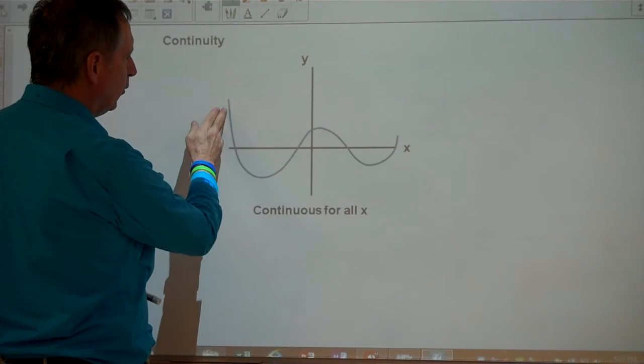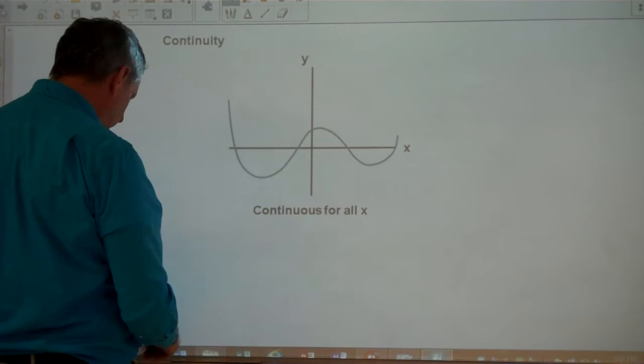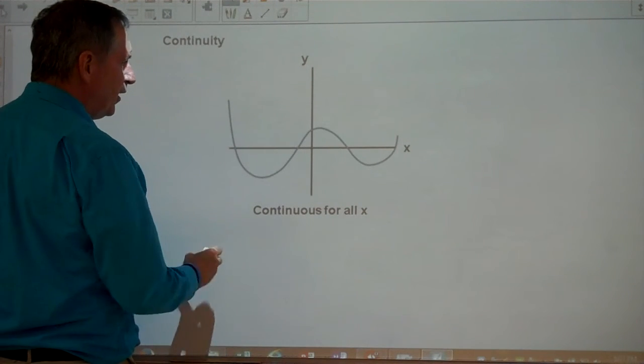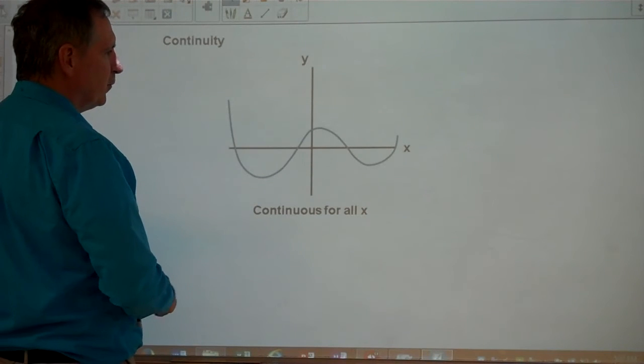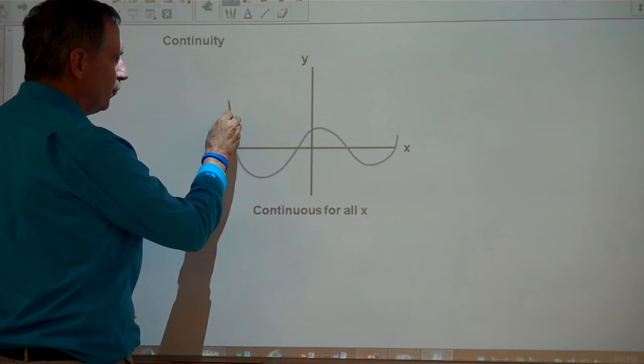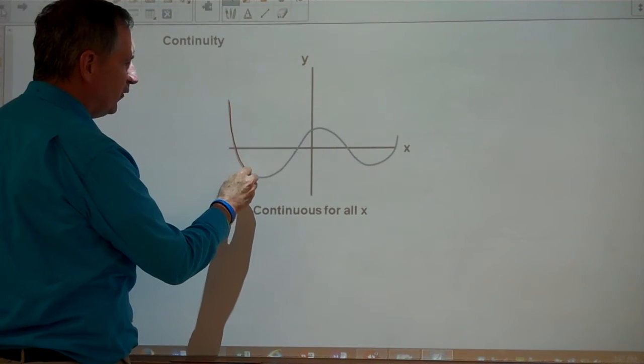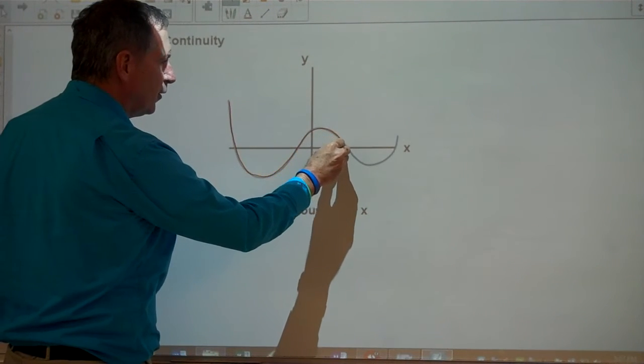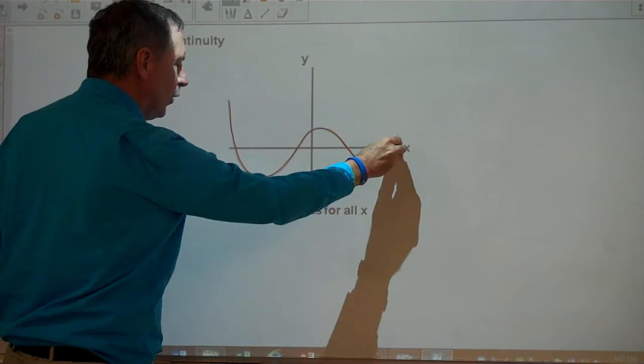So one way to look at it graphically, if you can take a pencil or a pen and not have to draw your pen or pencil off the paper, that would be an example of how you'd have continuity all the way.